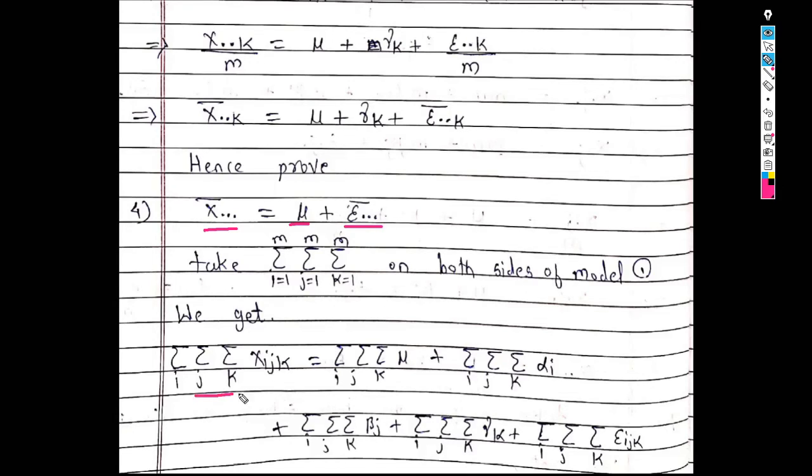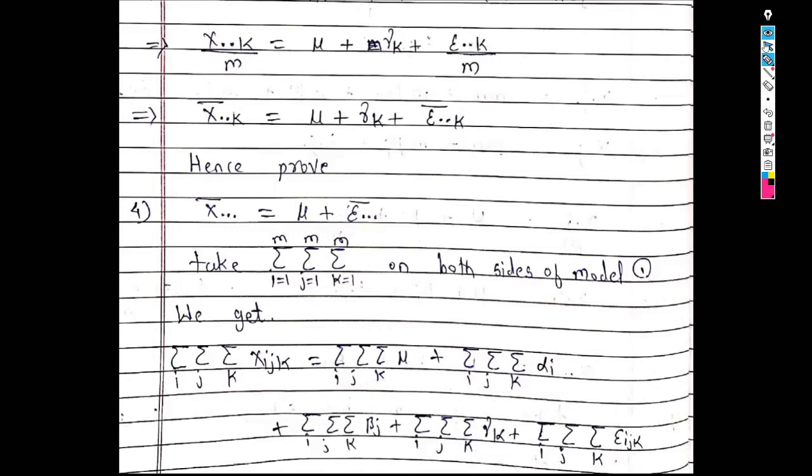So we get summation x ijk equals to summation mu plus summation alpha i plus summation beta j plus triple summation gamma k plus summation epsilon ijk.